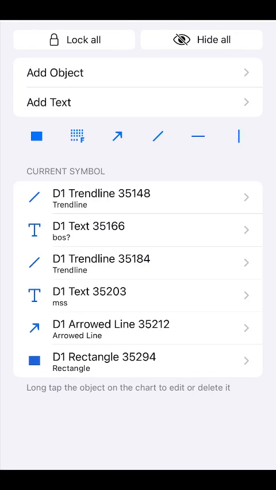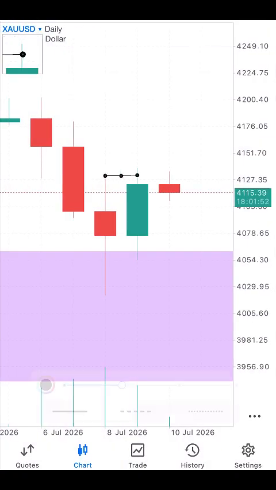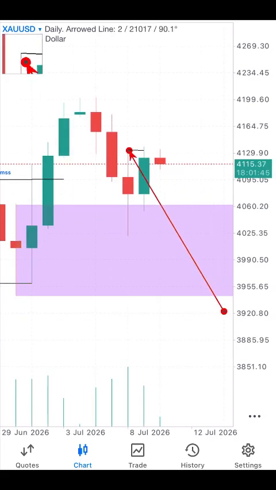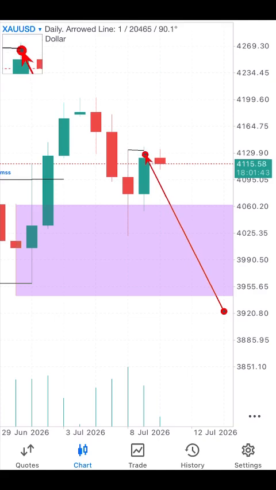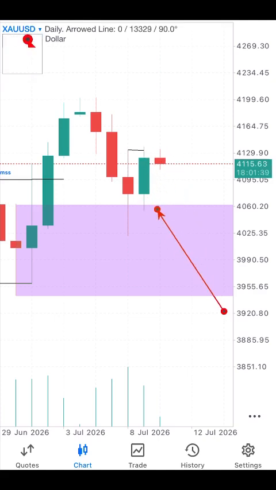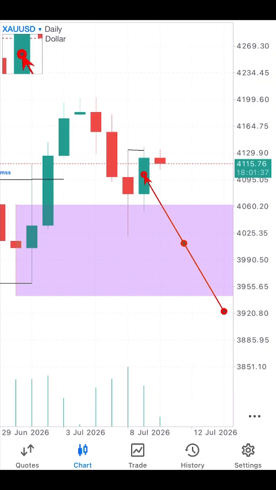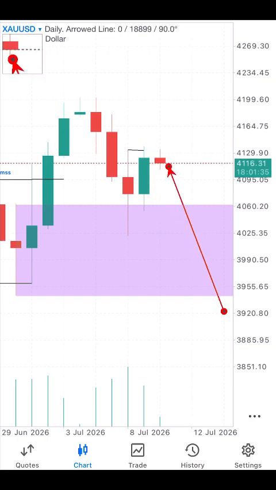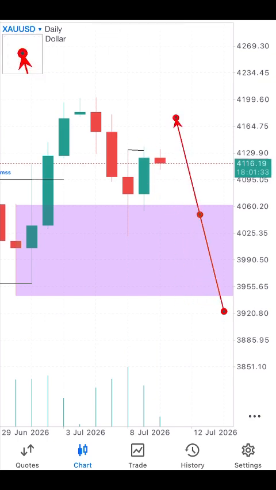Let me highlight that, like that, something like that. But we did not get a close above that. What we did get was a wick above it, and then price didn't close. Now that doesn't mean that price is immediately failing to go above it, or price will reverse and go to the downside, but it's still to play out.